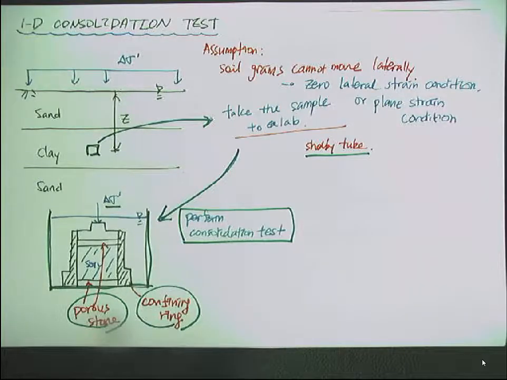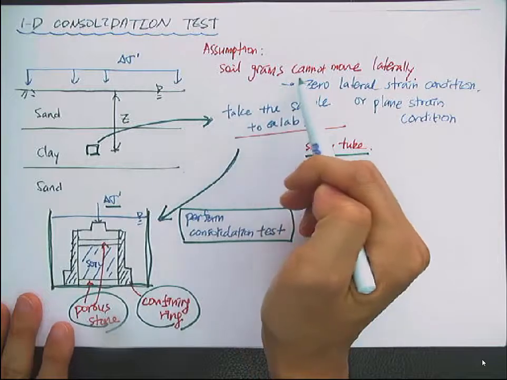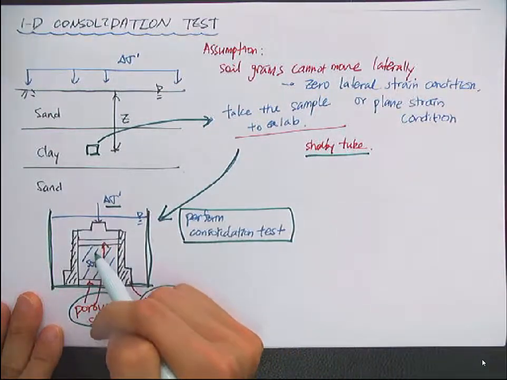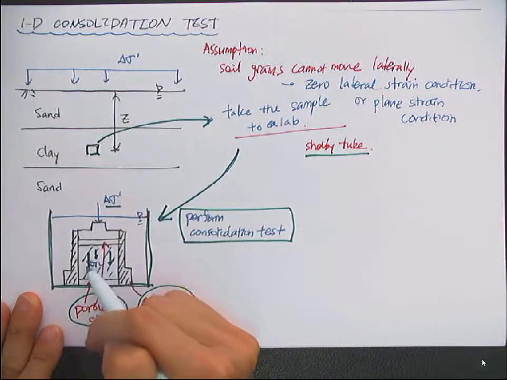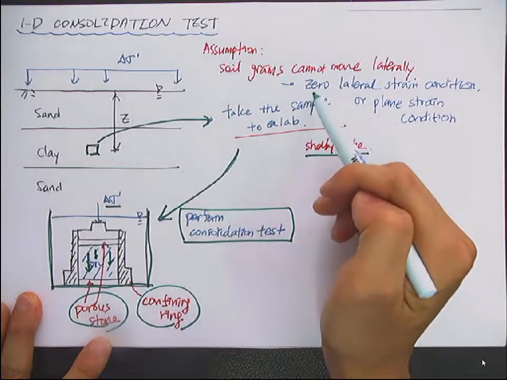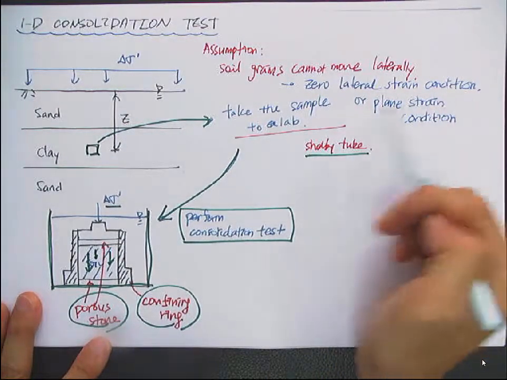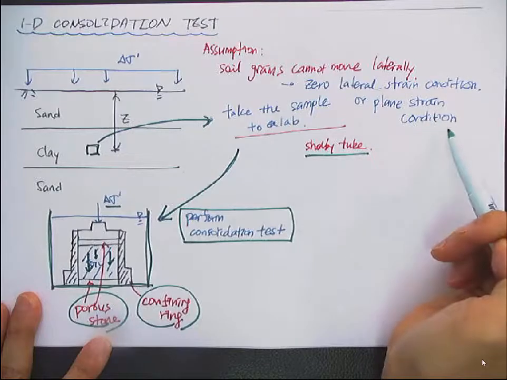In this one-dimensional consolidation test, the assumption is the soil grains cannot move laterally, so the soil will compress vertically only. And this is the zero lateral strain condition, or it's called the plane strain condition.